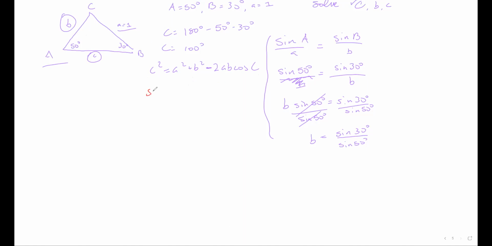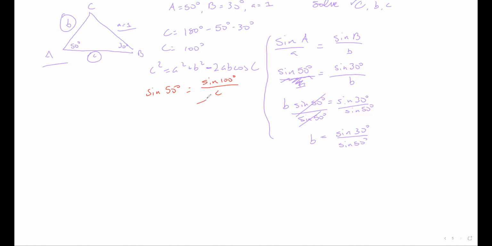So again, we use the thing we know, sine of A, which is just 50 over 1. Actually, I'm going to get rid of the divisor bar because it's just a 1 underneath. So then we have sine of 50 over sine of, we're solving for C now. So the angle C is 100 over the length of C, which is our unknown.